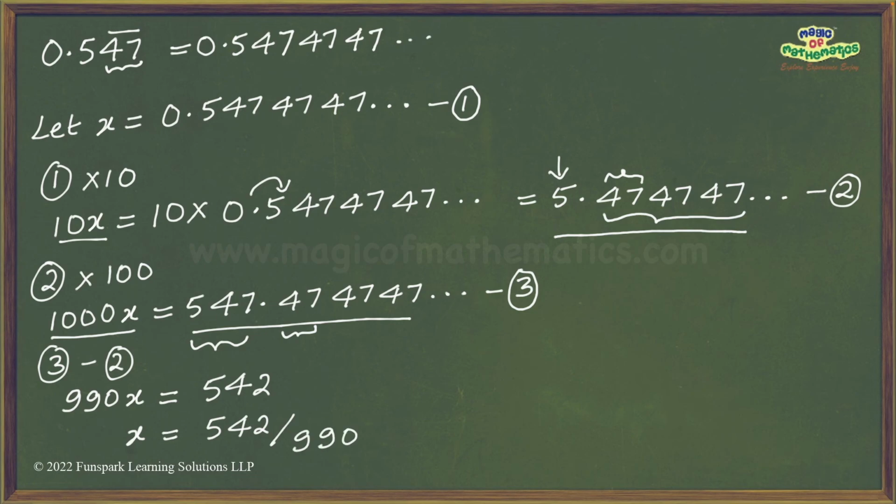All we need to do now is to simplify the fraction. 2 is a common factor between the numerator and denominator, and dividing the numerator and denominator by 2 gives us 271 over 495, and we are done. So the fraction equivalent in this case is 271 over 495.